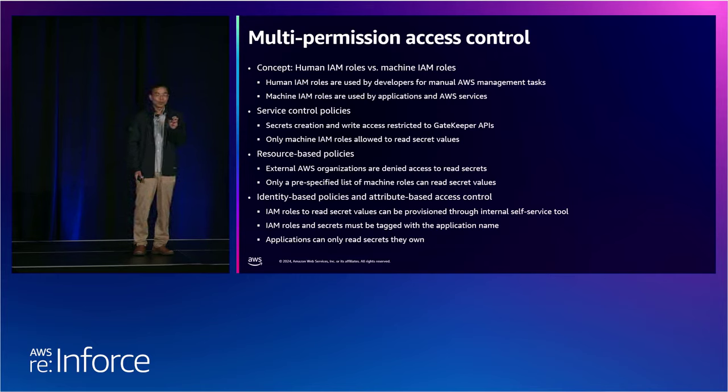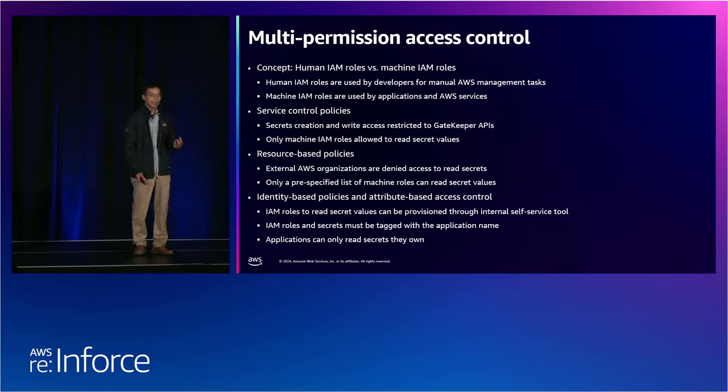So at Capital One, we have an internal tool that allows teams to provision the IAM roles they need. But there are many cases where things get too sensitive, and we don't feel comfortable for that tool to provision an IAM role for some sensitive service.